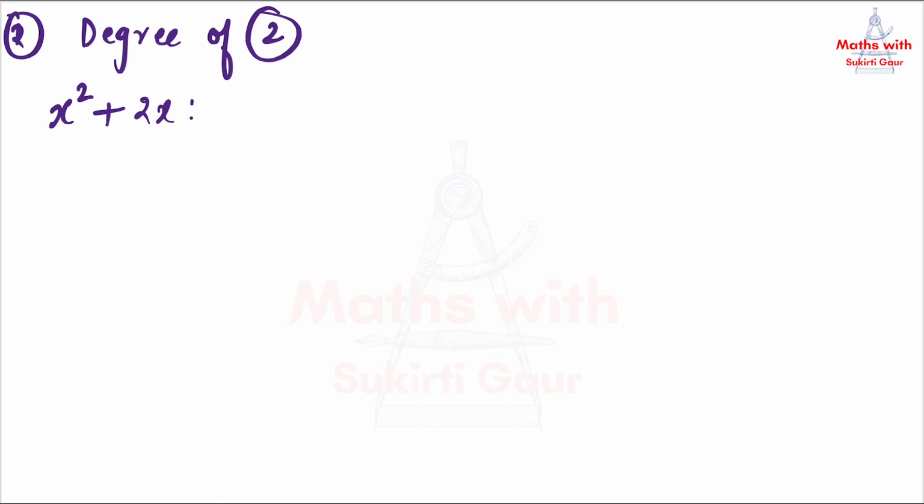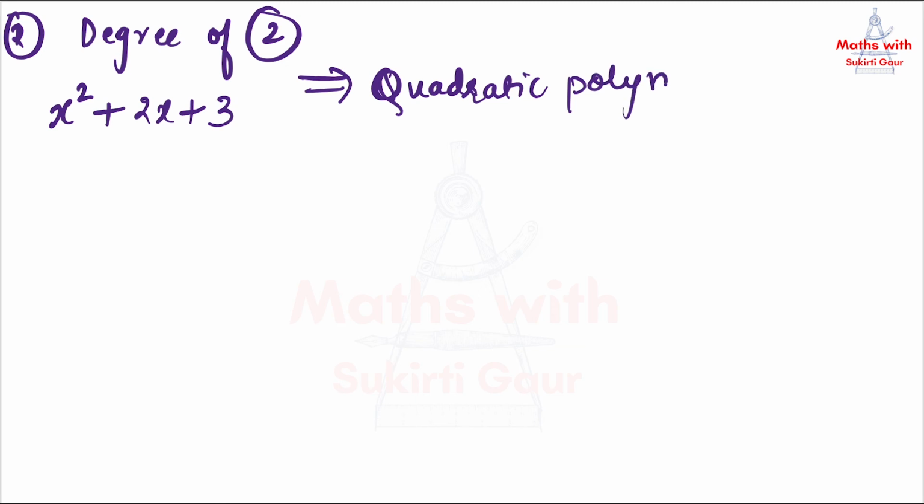Now, if a polynomial is having a degree of 2, it means x square plus 2x plus 3. Then the polynomial is called quadratic polynomial. So a polynomial with the degree 2, or the highest power of the variable is 2, is called quadratic polynomial.